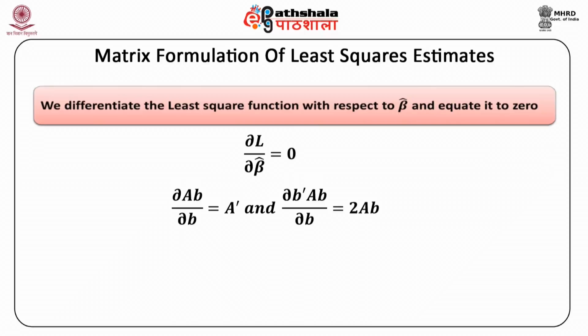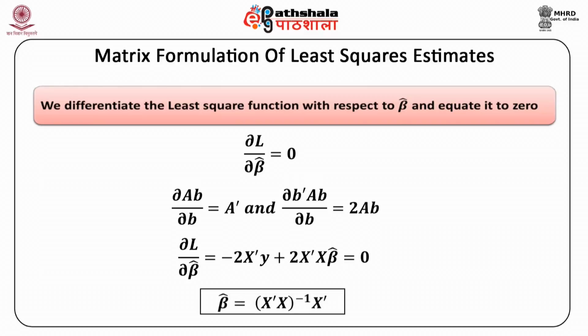Using these results, if we take the derivative of L with respect to beta hat, we get minus 2 X prime y plus 2 X prime X beta hat equal to 0. Solving the above equation, we obtain the OLS estimator, which is beta hat equal to (X prime X) inverse X prime y.